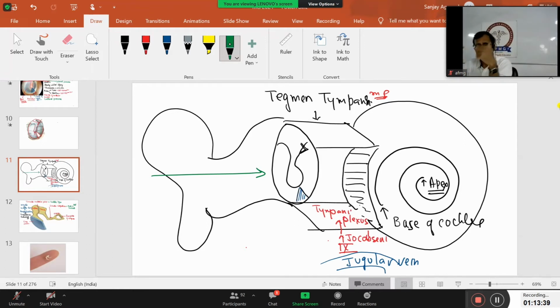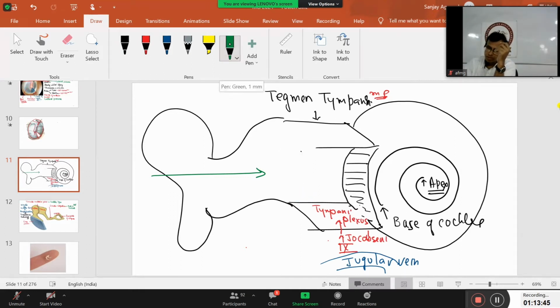Just imagine that you remove the tympanic membrane. You remove this boundary. Now what do you see? You can see the inner boundary. So suppose this is the outer boundary and this is the inner boundary. When you see from outside, you can see this boundary.